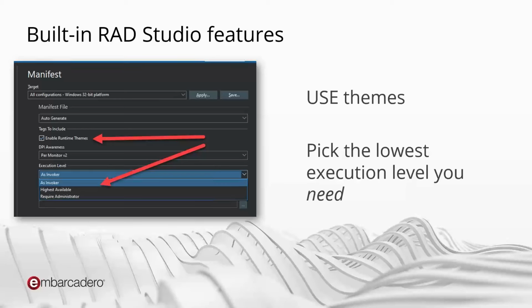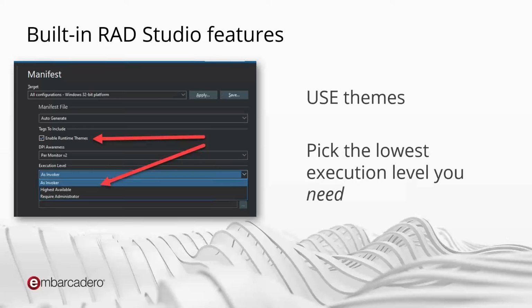The other thing, it's not really a graphic UI thing, but enable runtime themes, and we're going to talk about those in a moment, and make sure that your execution level, and these are both on the manifest of your project, is the lowest execution level you want. And I don't know if this is news to people, but if we say as invoker, that means that whatever calls your app, whatever permissions they had, whatever user rights they had, your app will inherit those.